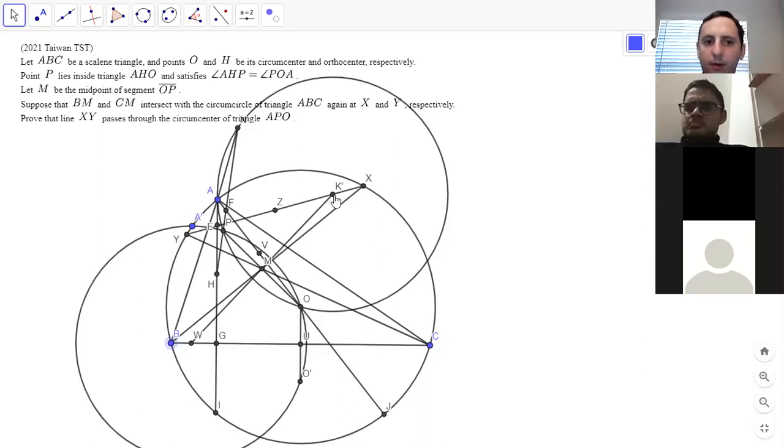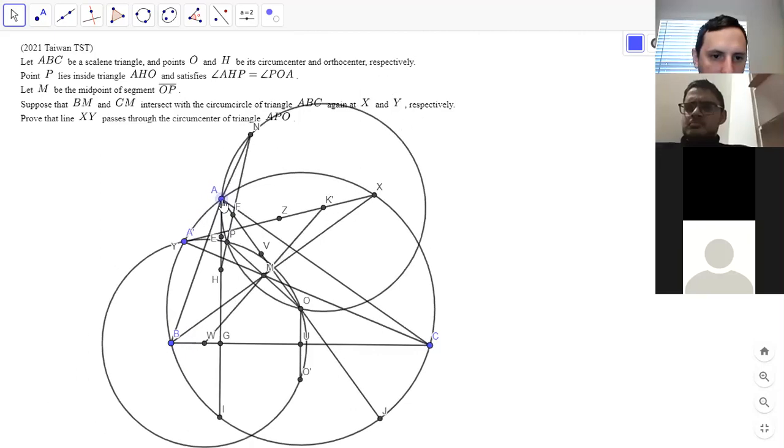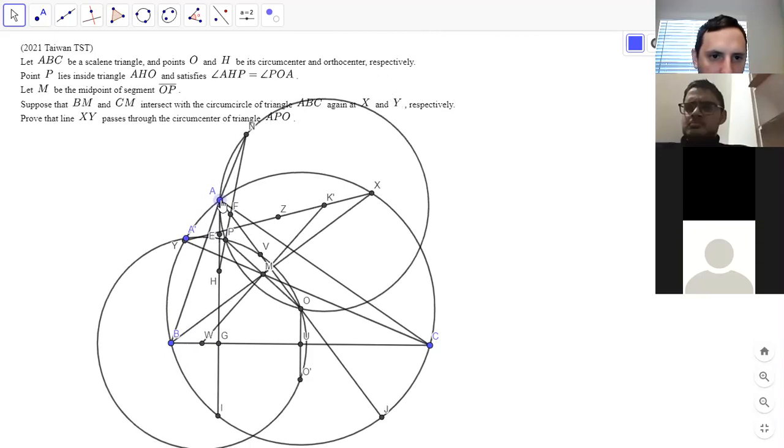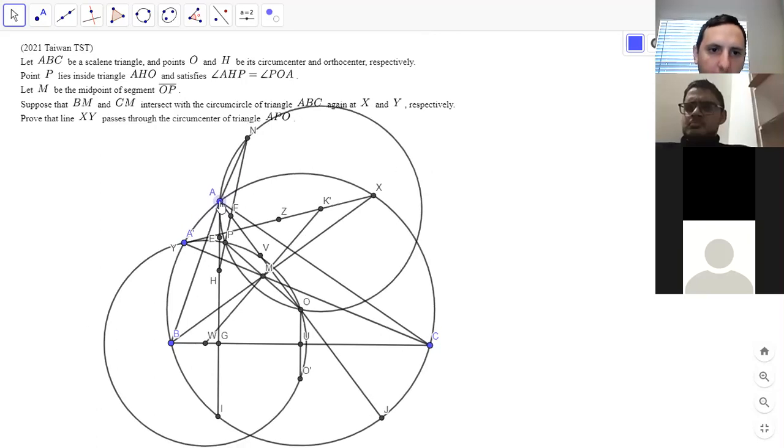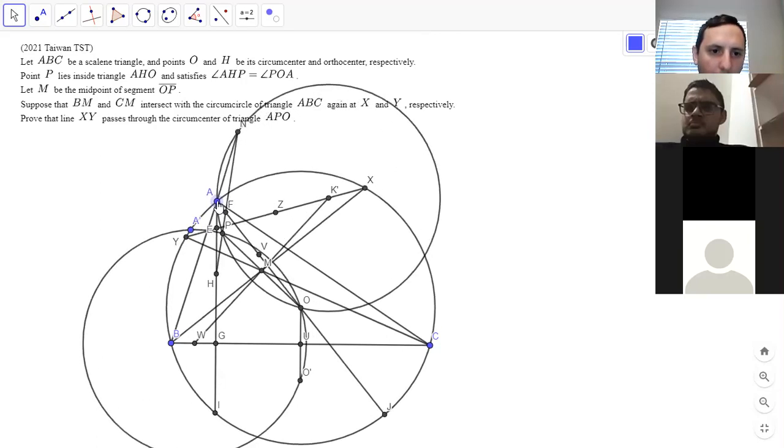So K prime, you're defining it as the intersection of XY and this perpendicular bisector of OP. Yeah, if OMZK prime is cyclic, I think that should be enough. But I like this idea because it uses the fact that AN is equal to OO prime.